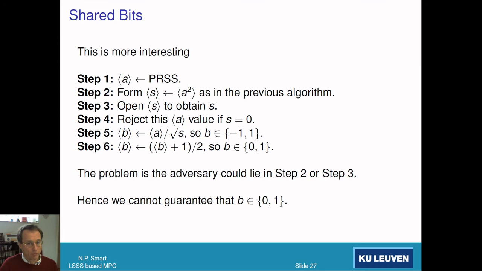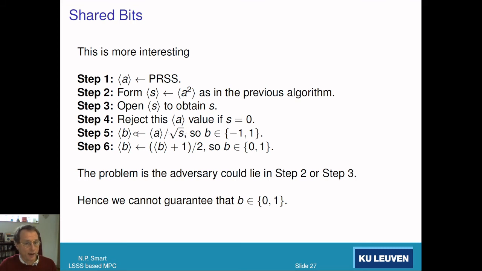If we take a square root in a deterministic manner, so for example we always take the square root which has the least significant bit equal to 1, then everybody obtains the same square root, but we don't know whether that square root is equal to A or to minus A, because we don't know what the original value of A is.